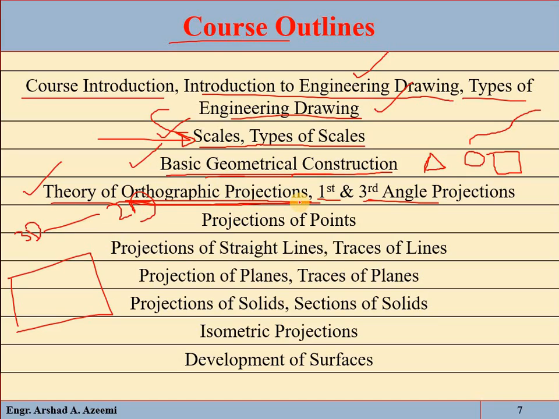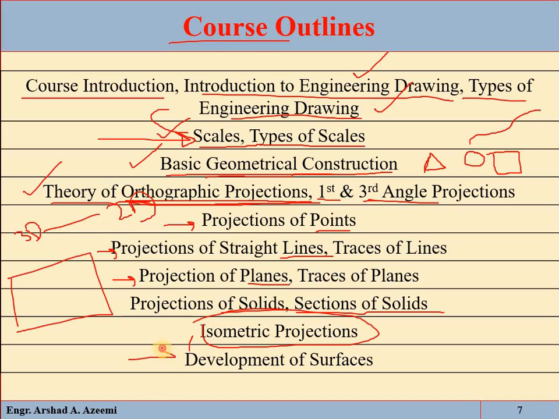Then we have the basic elements of engineering drawing like point, line and plane. We will discuss one by one the projection of points, straight lines, planes and solids. Then we will discuss the section of solids and the isometric projection, which is one of the most important topics of engineering drawing: how you will draw the isometric view of any object.